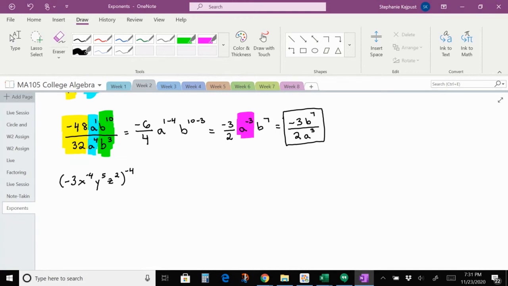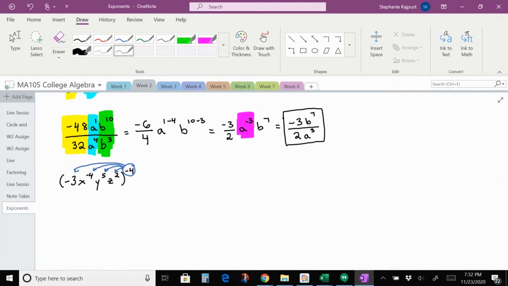So when we want to simplify something like this, we have to use what is called the power of a product rule, where you're basically distributing your exponent. So this outside exponent gets applied to each thing inside the parentheses.